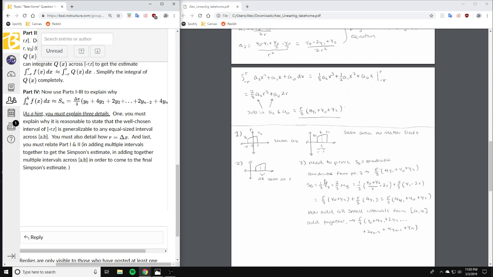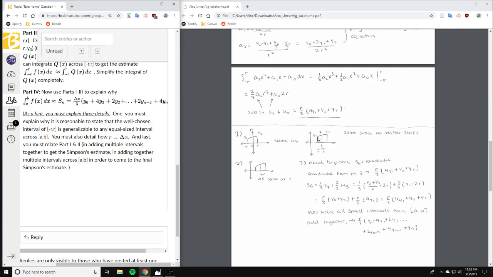So for our little image, if we were to find the Simpson's rule of this small area right here, we would do 1/3 times the trapezoid, right, which would be y0 plus y2 divided by 2 times 2r, which is the base.